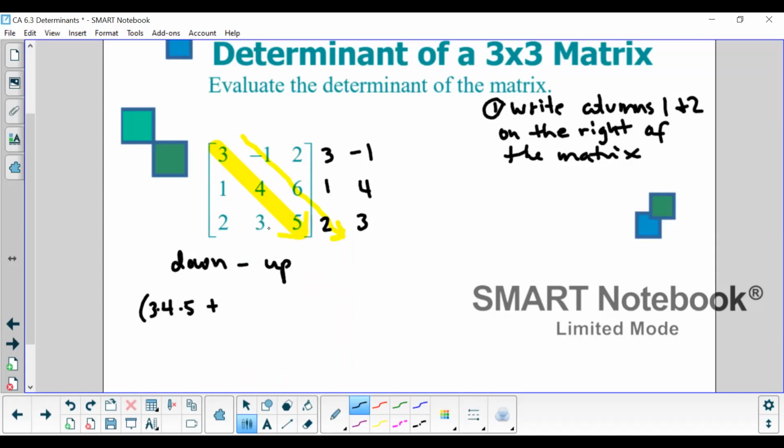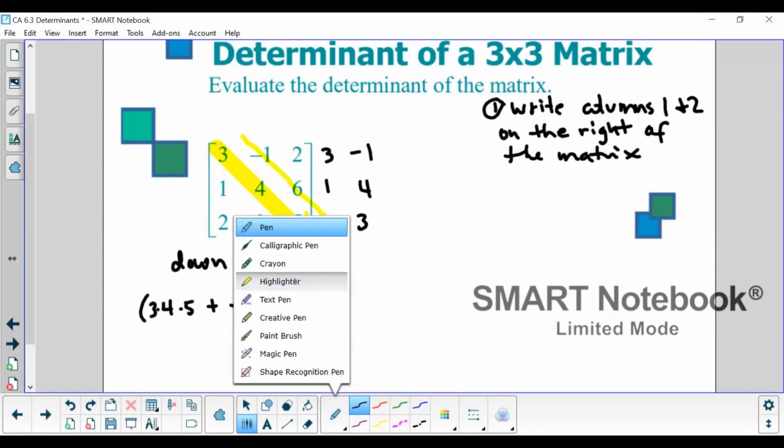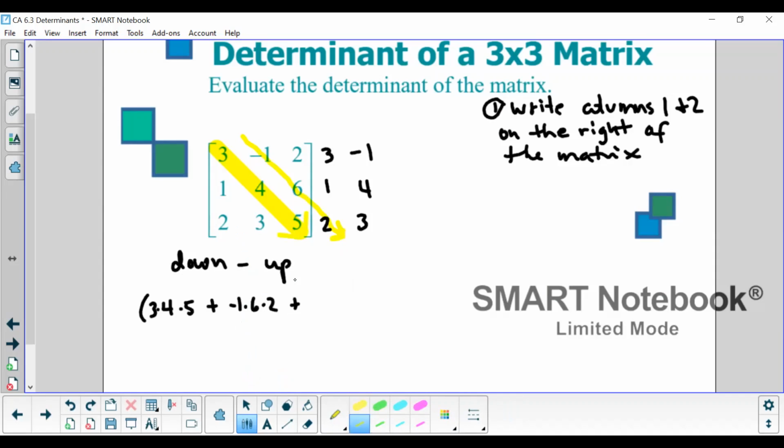So that's -1 times 6 times 2. And we're going to add that to the next down diagonal, which is this one. 2, 1, and 3.